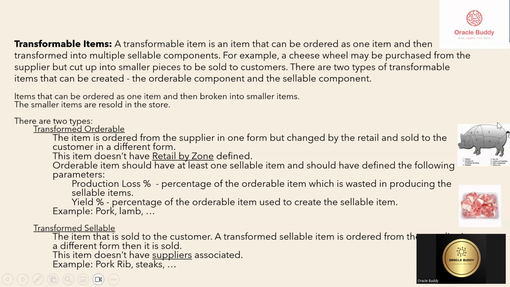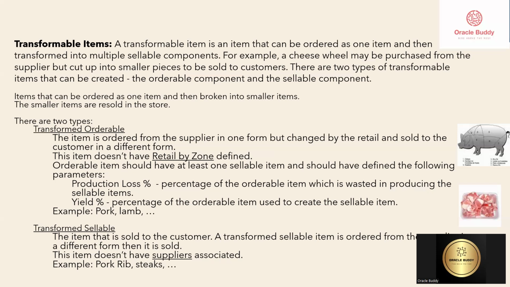Suppose we have a meat shop. There they are selling chicken or ham or beef, anything. They buy the whole complete animal and then break it down into pieces like chops, steak, rib, pigtail, tailbone or a head.